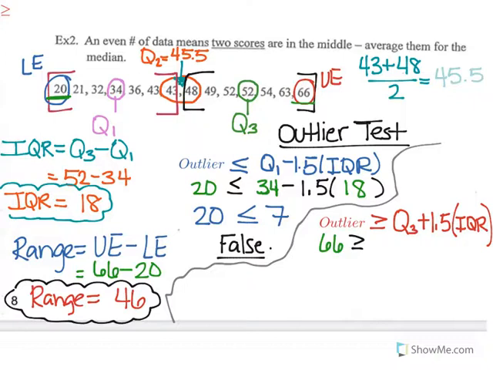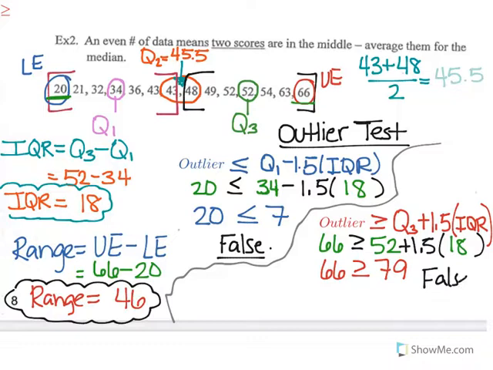So we're wondering, is 66 greater than or equal to Q3, which we figured out was 52, plus 1.5 times our interquartile range of 18. So we're going to type that into our calculator, and we end up with 66 greater than or equal to 79, which is also false.